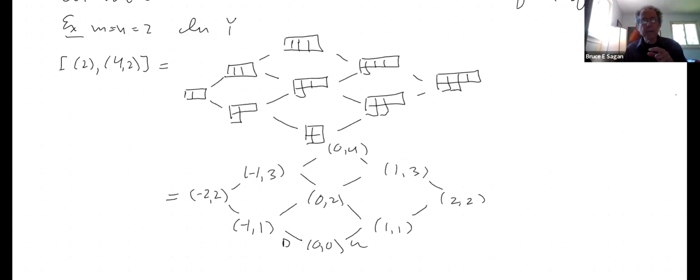What we're going to think about, right? Because what are we looking for? We're going to be looking at chains in this. And now chains aren't going to go from top to bottom. They're going to go from left to right. We're going to be able to now look at chains as lattice paths, right? Using these coordinates. And that is where we're going to get the power that we need to finish this off.